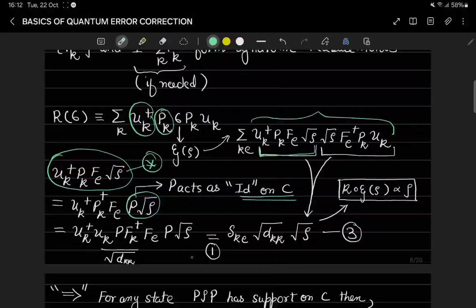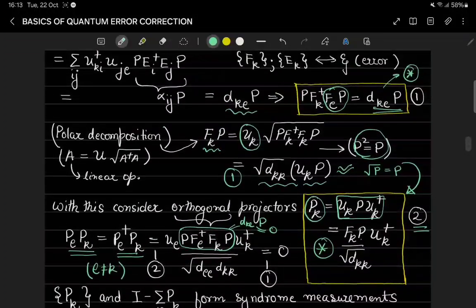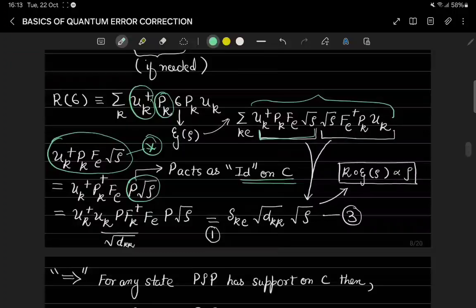And then what we can do now is use the equality in 1. So let's come back to 1. So 1 says that F_k† F_l acted by the projector gives us d_kl times the projector. So this entire thing we can simplify.